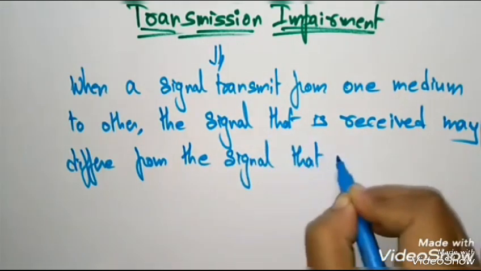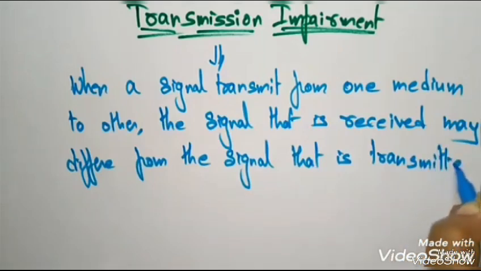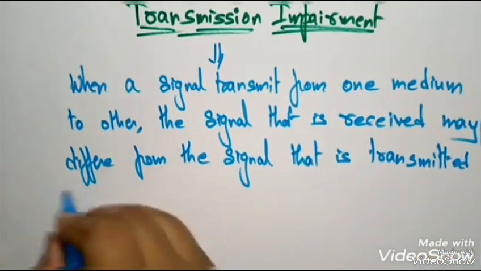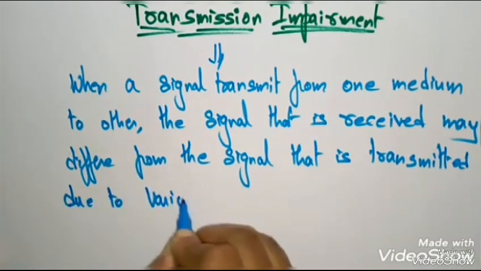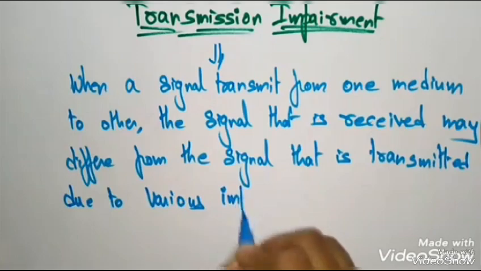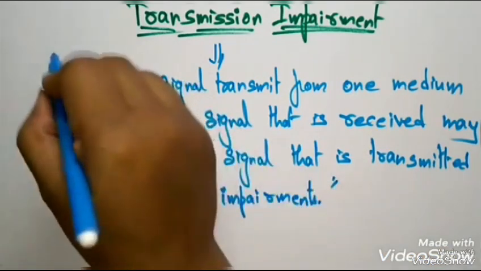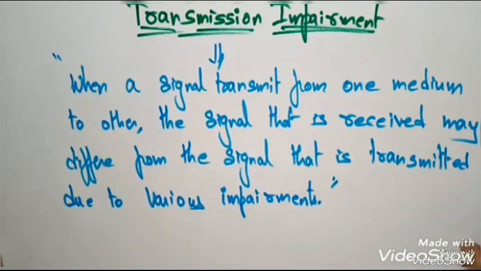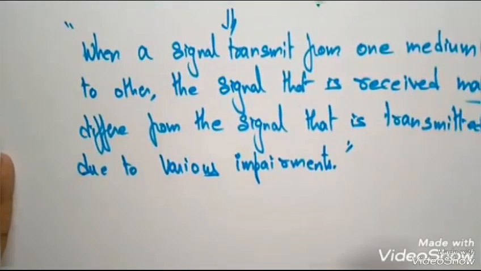This difference causes the transmission impairment. Why may signals differ? Due to some disturbance or various imperfections, this impairment may take place. So this is the definition of transmission impairment.